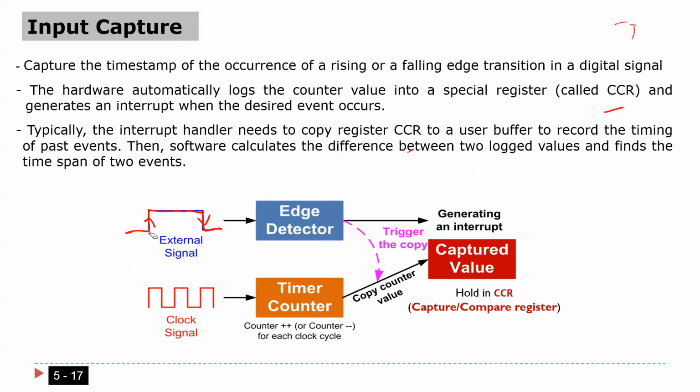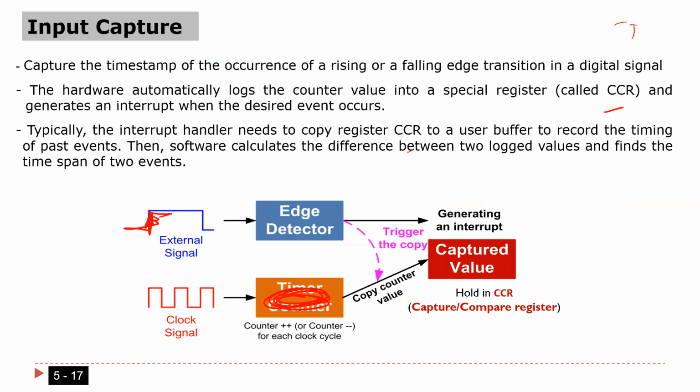So what input capture is doing, guys, is that, look here. This is the counter, okay? We have the edge detector. If I ask the edge detector, I want to capture rising and falling, then when rising comes or falling comes, if any one of them comes, the hardware is going to read whatever number you have here, the count.